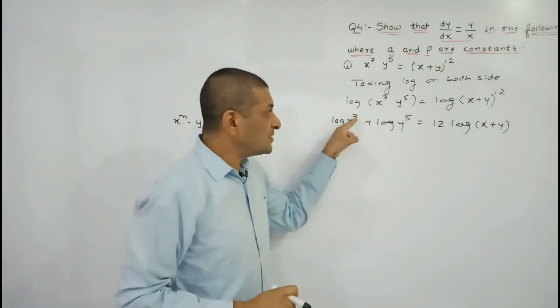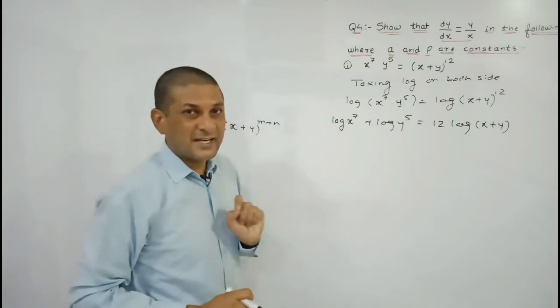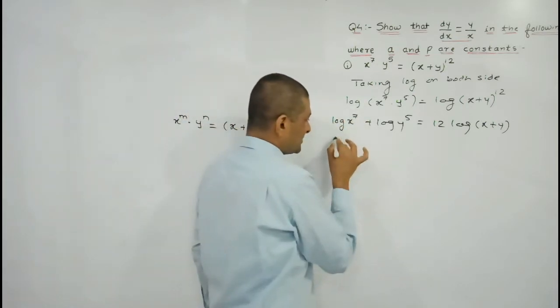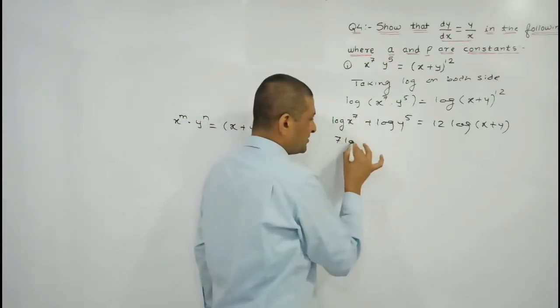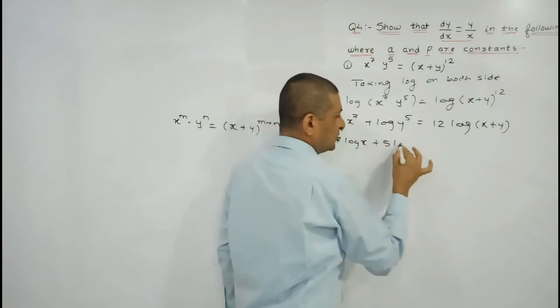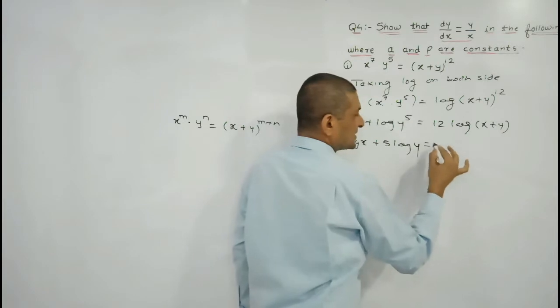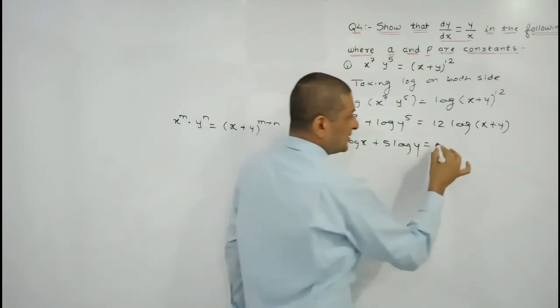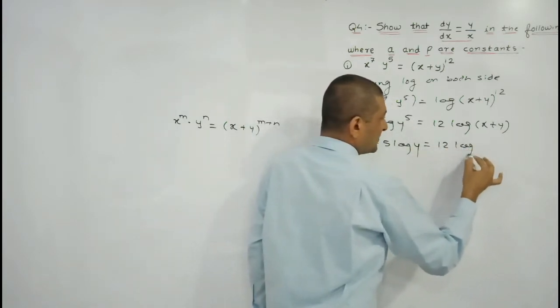Again on this side also this 7 is a power which can be taken as a coefficient. So what we'll get here? 7 log x, and here we will get 5 log y. On this side 12 log of x plus y, keep it as it is.